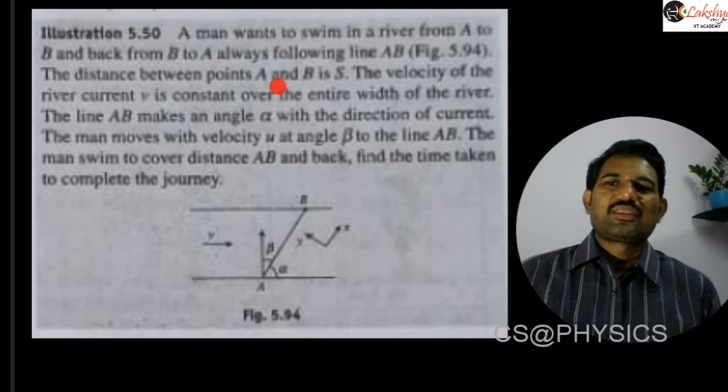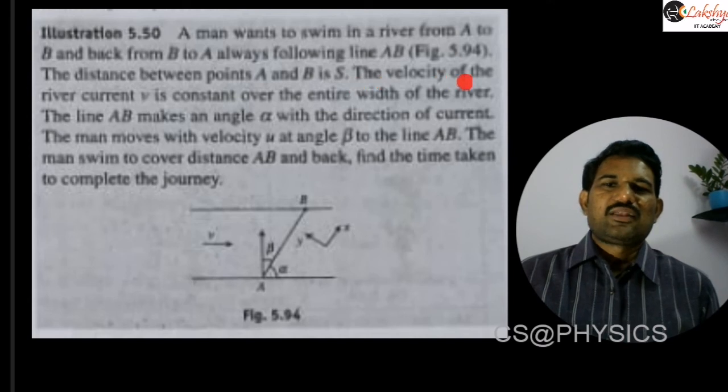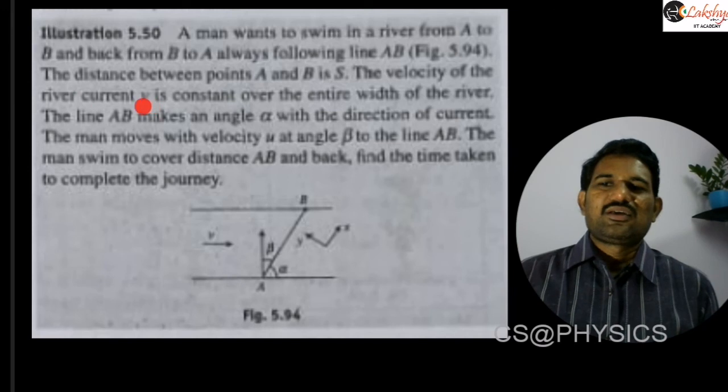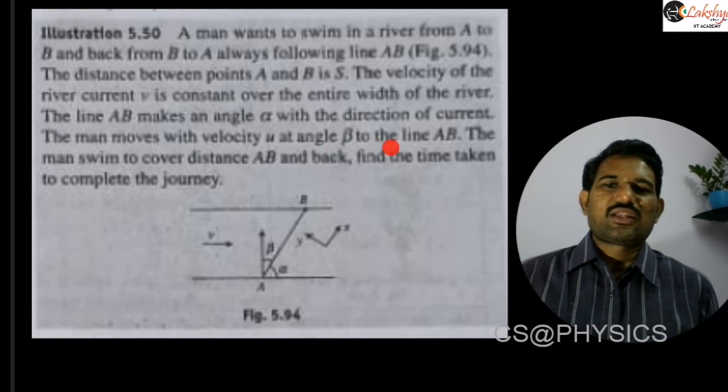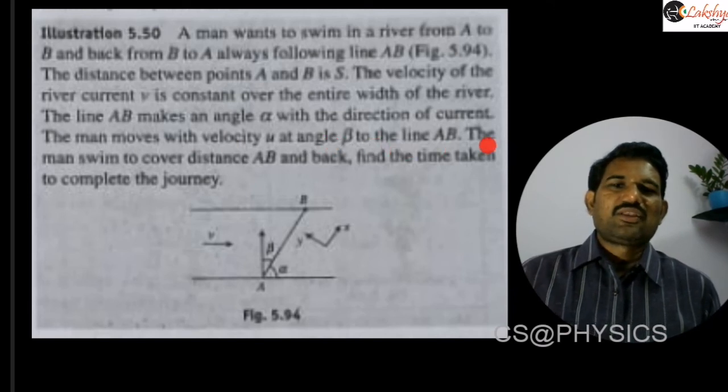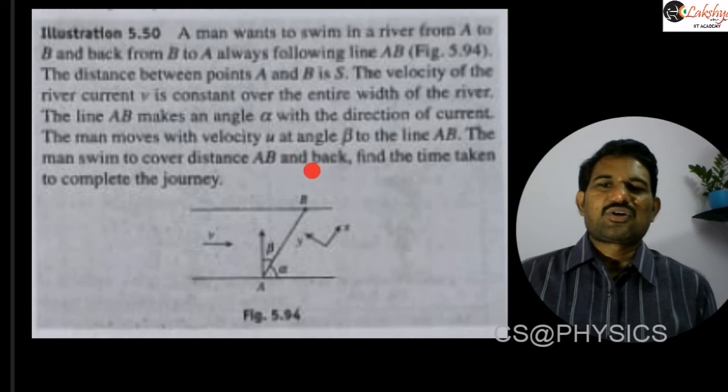The distance between points A and B is S. The velocity of the river current is V, constant over the entire width of the river. The line AB makes an angle alpha with the direction of the current. The man moves with the velocity U at an angle beta with the line AB. Then the man swims to cover the distance AB and back. Find the time taken to complete its journey.